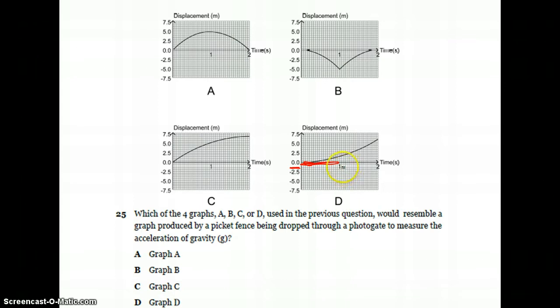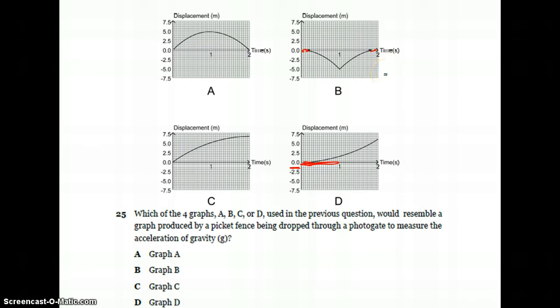If we look at B, B also has the same thing, but as time progresses, it goes back to 0. Well, if you drop an object, its velocity is not going to suddenly go to 0. Well, that is unless it hits the floor. As soon as it hits the floor, it'll stop. But we're assuming that thing has not hit the floor.